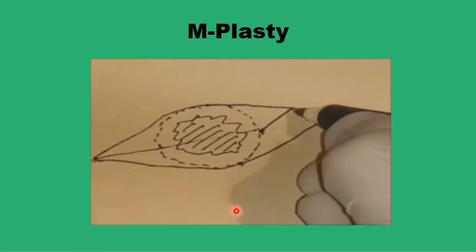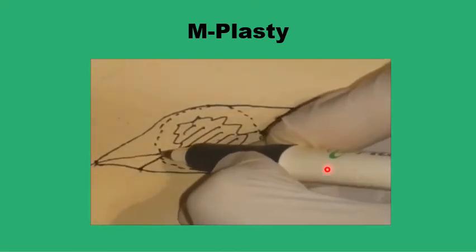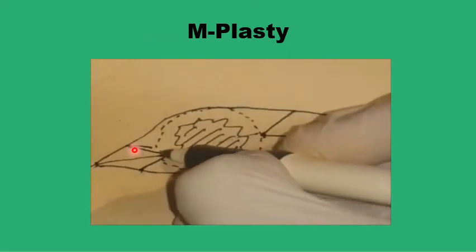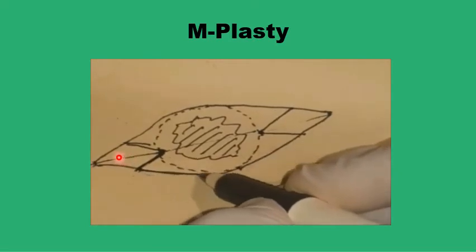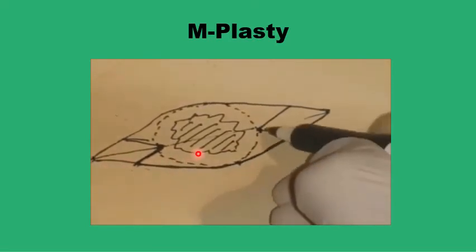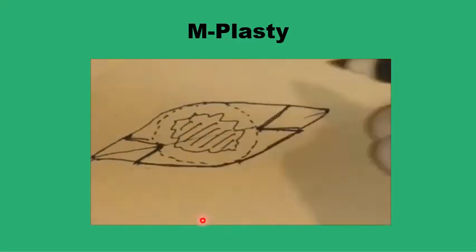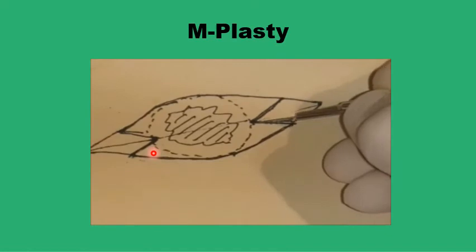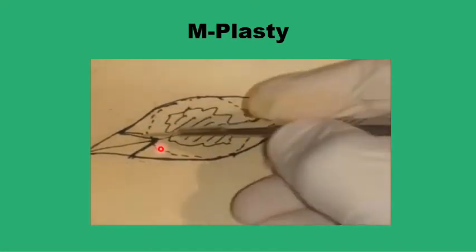Now, this is how to form the M-plasty. You want to preserve this small piece of skin at the edges, without removing it with the rest of the lesion and its safety margin. And on doing this, it's like forming an M shaped here with its apex at the edge of the safety margin.